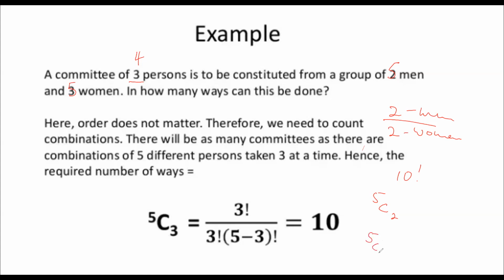Also 5C2. So the total number of ways you can get this committee will be 5C2 times 5C2. So it gets more complicated in those cases.